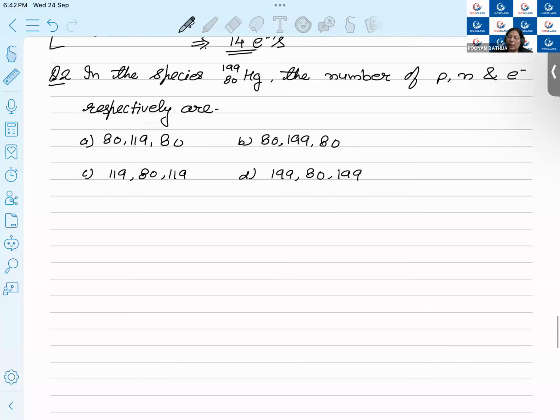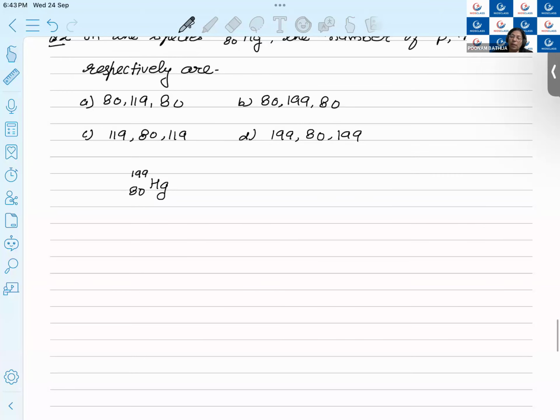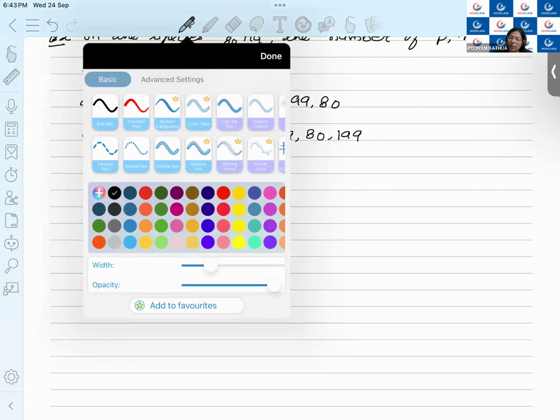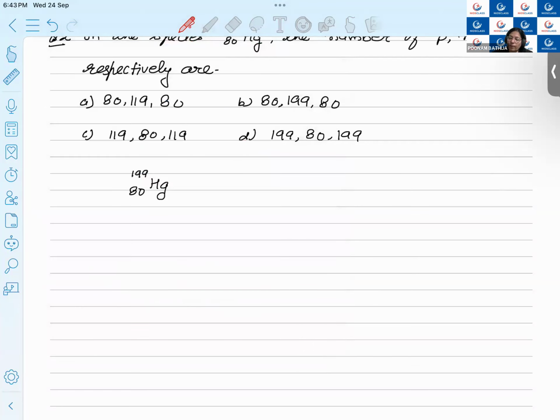First of all, to diagnose whatever symbol is given. Hg, 199, and 80. Whenever we are representing any element in this manner, in this convention, whatever the number which is written as superscript, that indicates atomic mass.